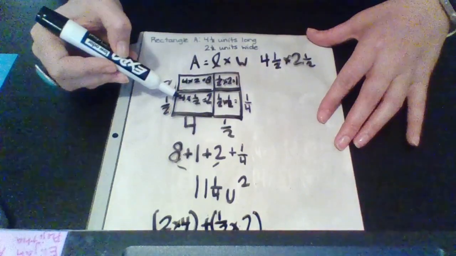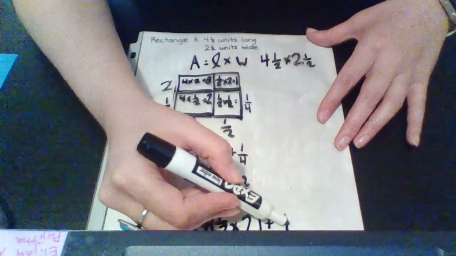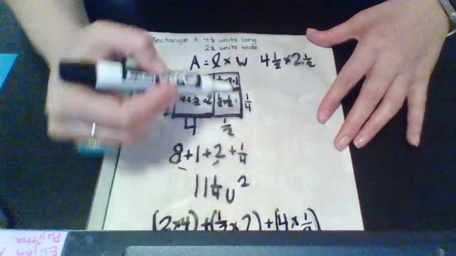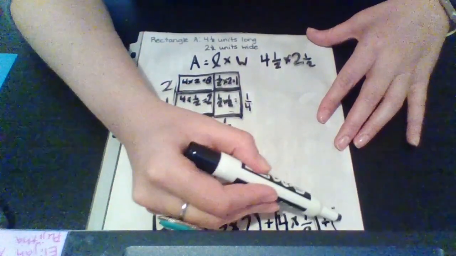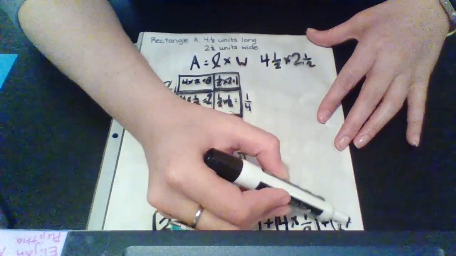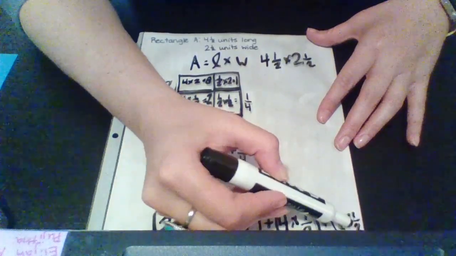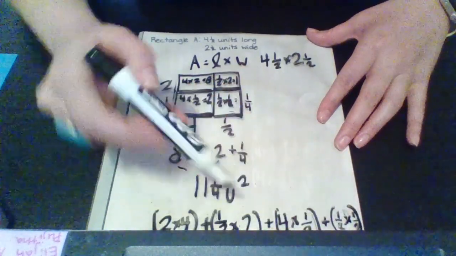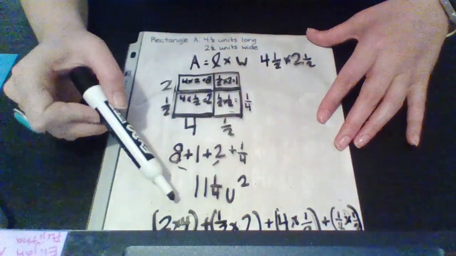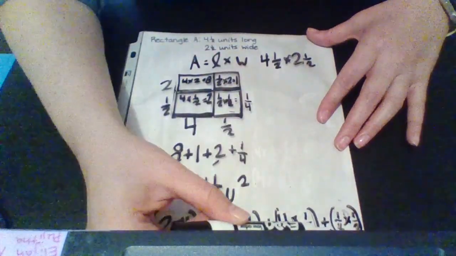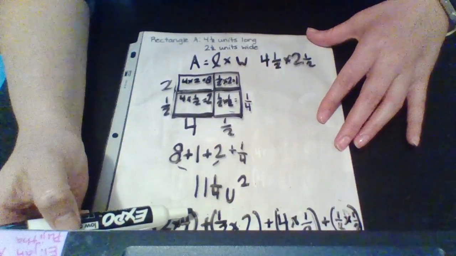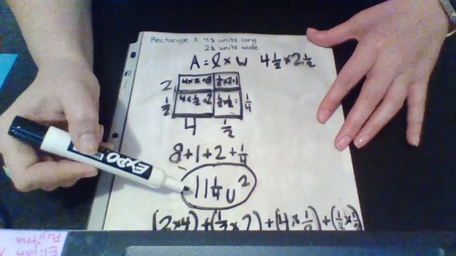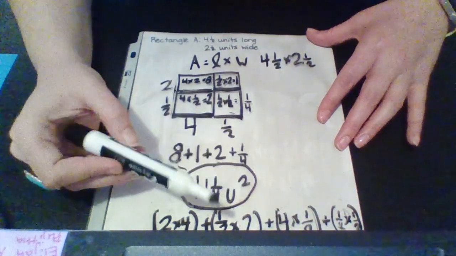And then we did 4 times 1/2. And then we did 1/2 times 1/2. That one looks like an addition symbol, a plus sign. So we multiplied each of these first, that's why they're in parentheses, and then we went back and we put our partial products back together with addition to get a total area of 11 and 1/4 units squared.